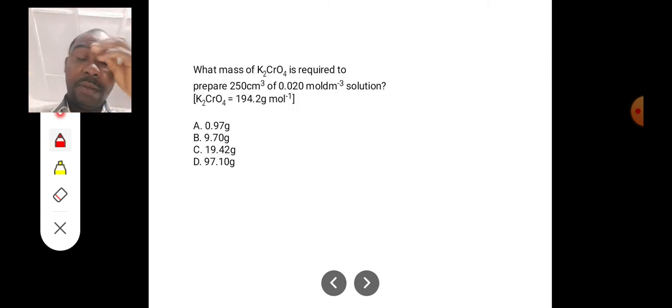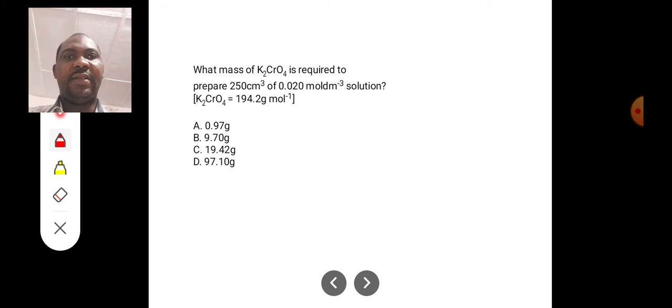So that leads us to a question here. It says, what mass of K2Cr2O7 is required to prepare 250 cm³ of 0.02 mole per dm³ solution? And we're given the molar mass. Here there are two ways in my mind.